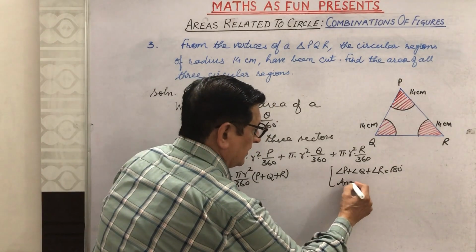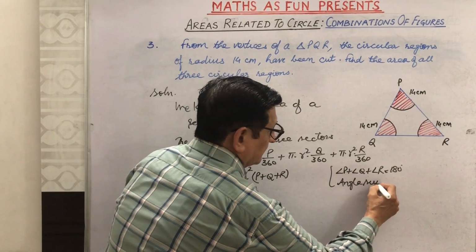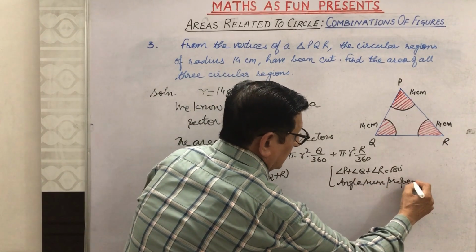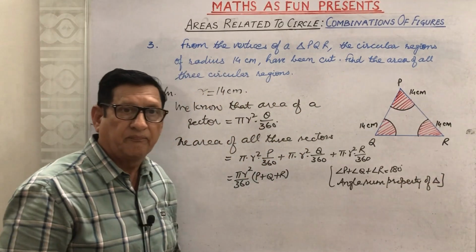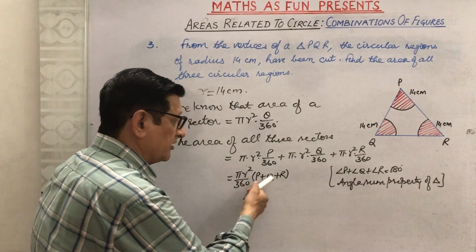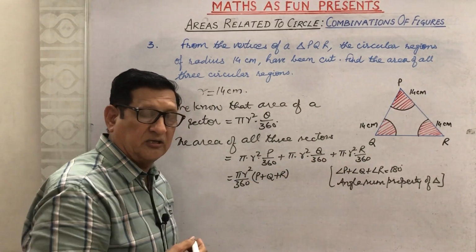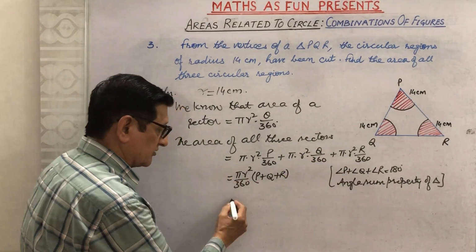We know for a triangle, angle P plus angle Q plus angle R is equal to 180 degrees. That is the angle sum property of a triangle. So we can substitute P plus Q plus R as 180 and substitute the value of r.